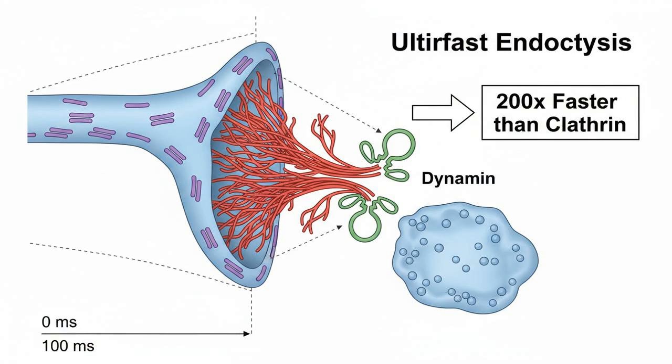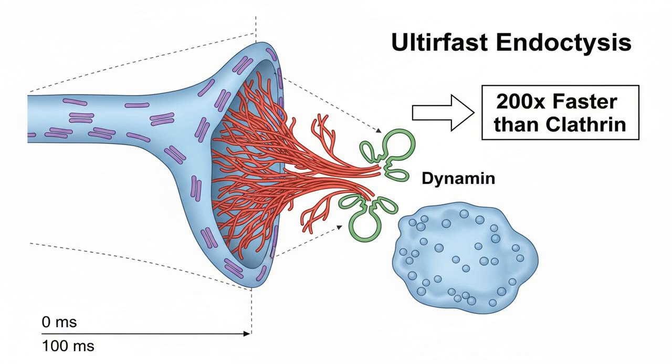By 100 milliseconds and beyond, these invaginations pinched off into large, irregular vesicles about 4 times the size of a normal synaptic vesicle. This process was happening in less than 1/10 of a second. That is 200 times faster than clathrin-mediated endocytosis. They named it ultrafast endocytosis.